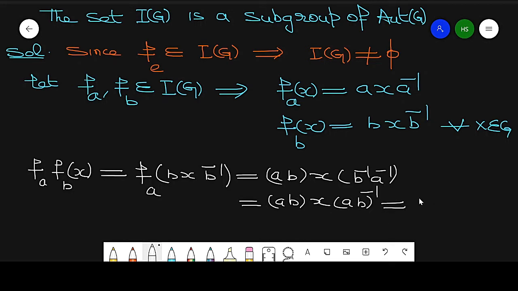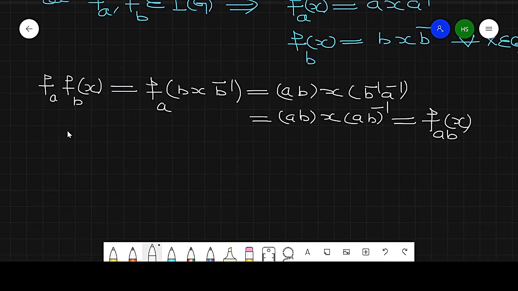So it means f_ab of x. So the multiplication of two mappings can be written in this way.